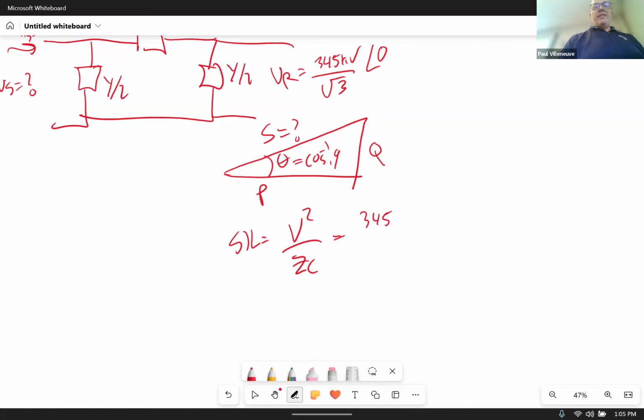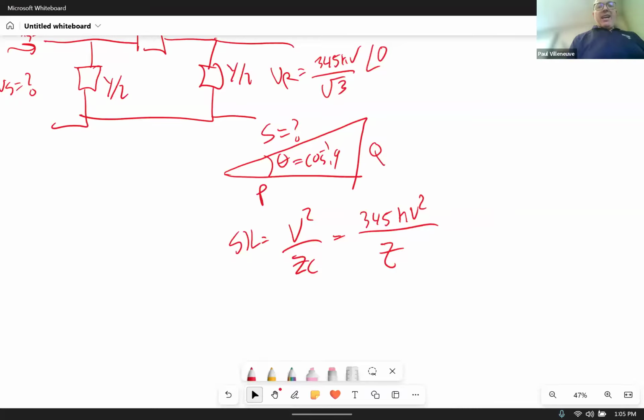That's 345 kV squared divided by my characteristic impedance, which is that capital Z that you calculate once you multiply the little z by 200 kilometers.